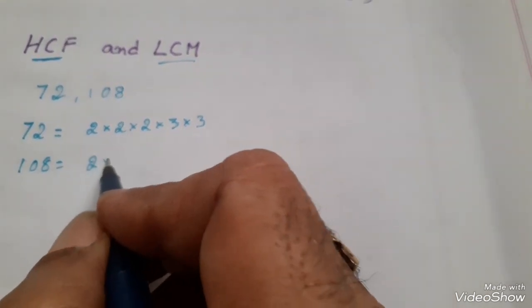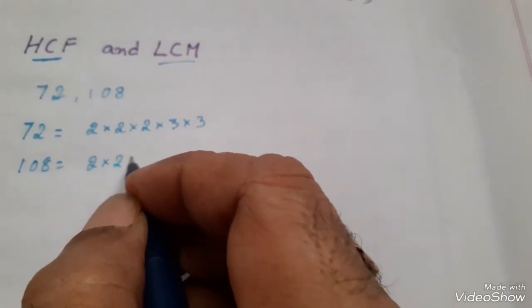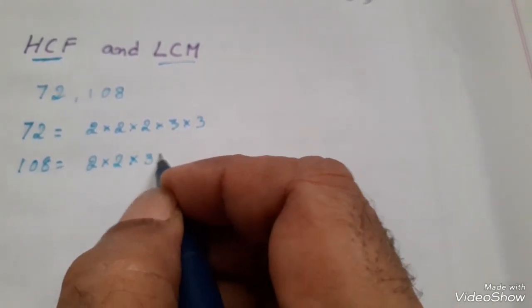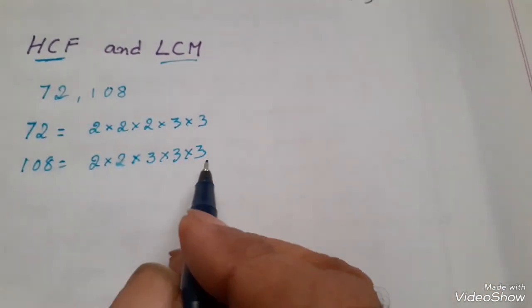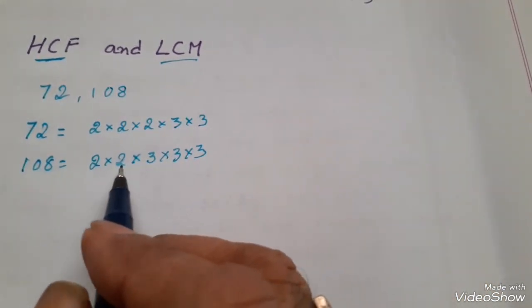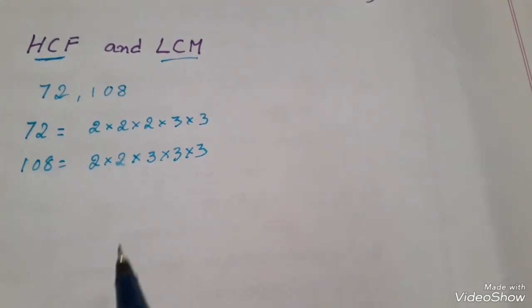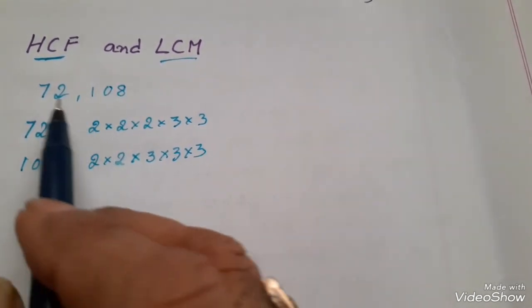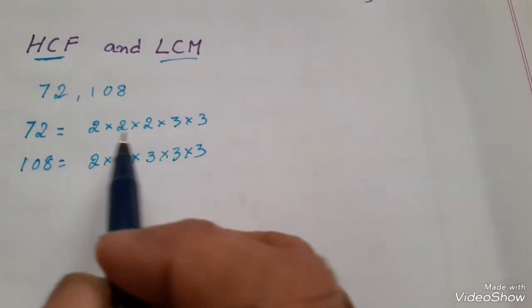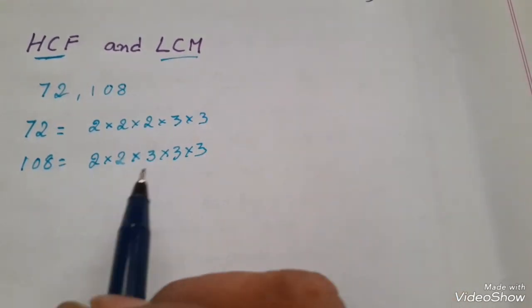So 2 into 2, 3 into 3 into 3. 3 3s are 9, 9 3s are 27, 2s are 54, 2s are 108. So first you write both numbers as products of prime factors.